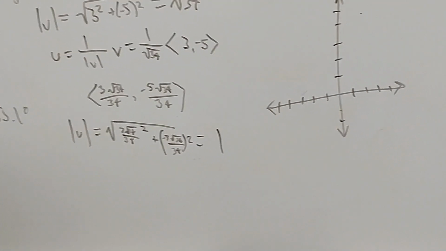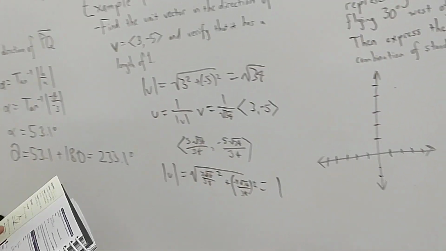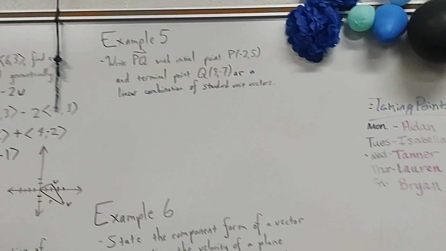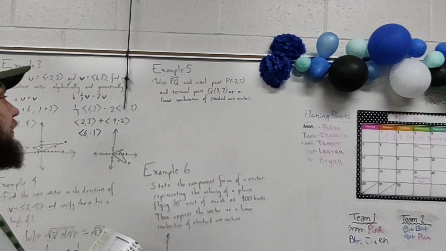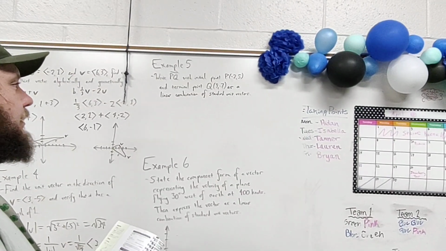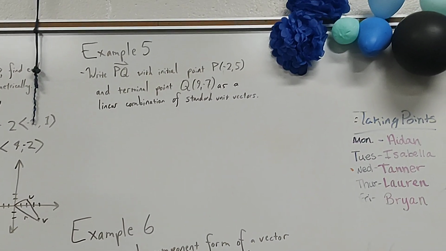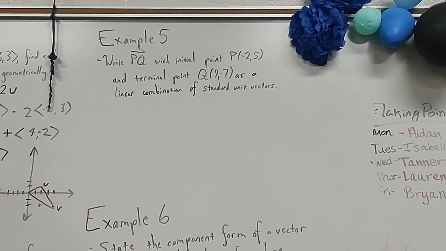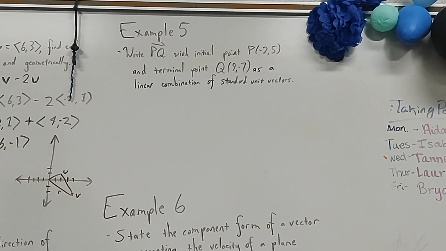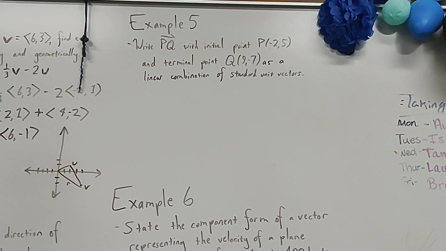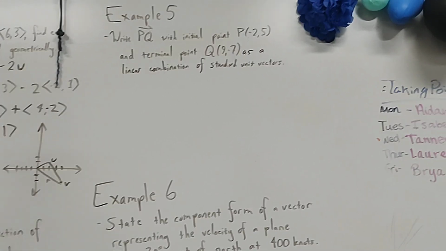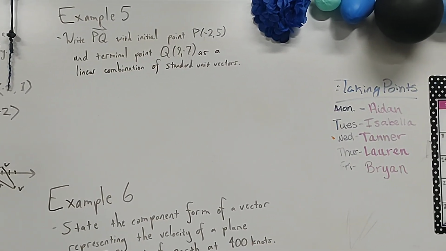Okay, well, 2 more examples to go. Example 5 says, write PQ with initial point P, negative 2, 5, and terminal point Q, 9, negative 7, as a linear combination of standard unit vectors. So the first thing we're going to do is find the component form of PQ.